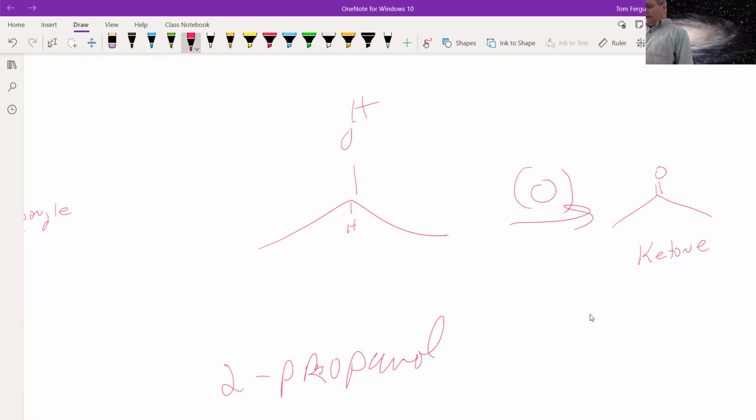Okay, so we have reactants, products named, and conditions. And then if we have a tertiary alcohol, which has no hydrogens, it can't be oxidized. It's just then no reaction.